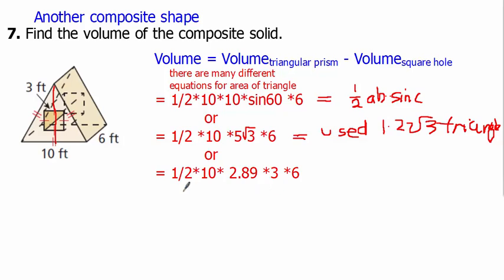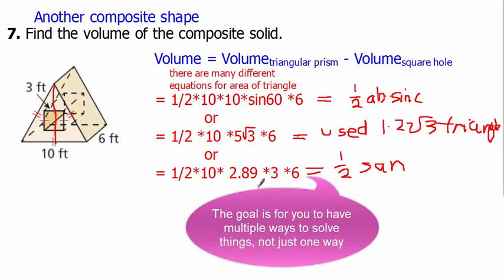And this last one here, this is 1/2 times the apothem times the perimeter. So we had to step to the side and find the apothem, but this is the apothem. Side length 10, 3 sides, this is the apothem, 1/2 a times P. Any of those work. You guys have more choices, more tools.